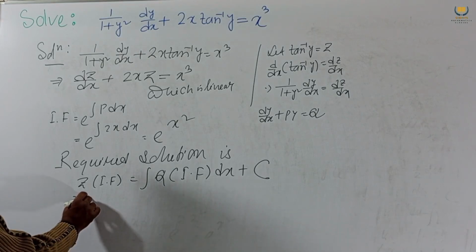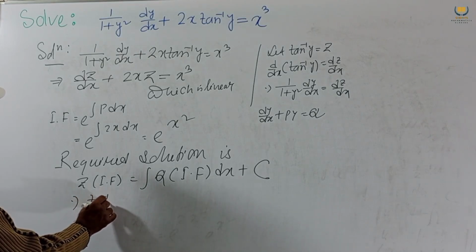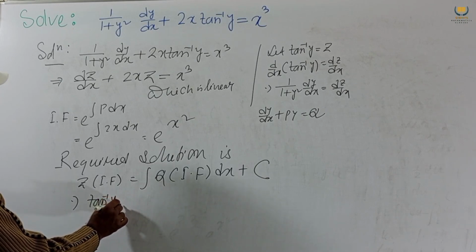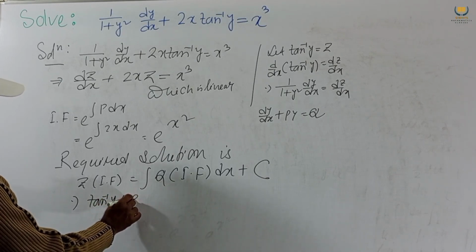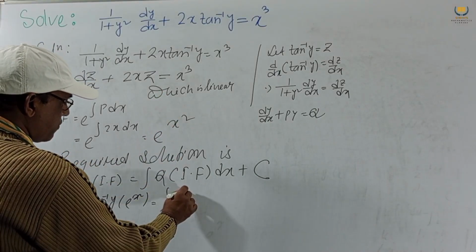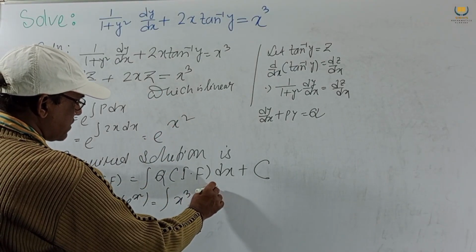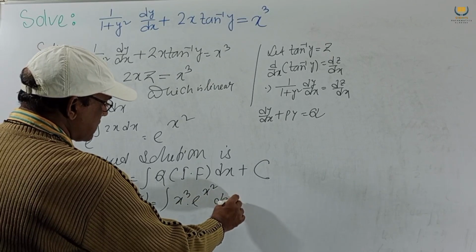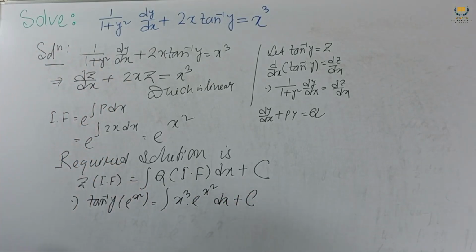Z means tan inverse y, IF means e to the power x square, q means x cube, e to the power x square is IF dx plus c.